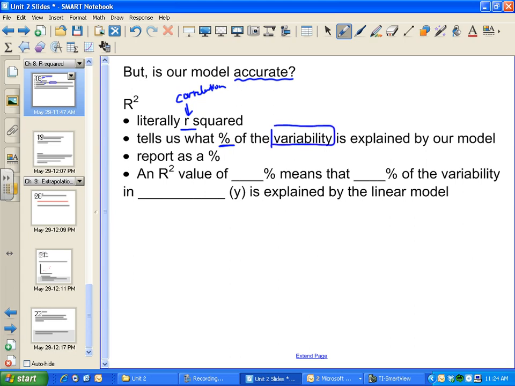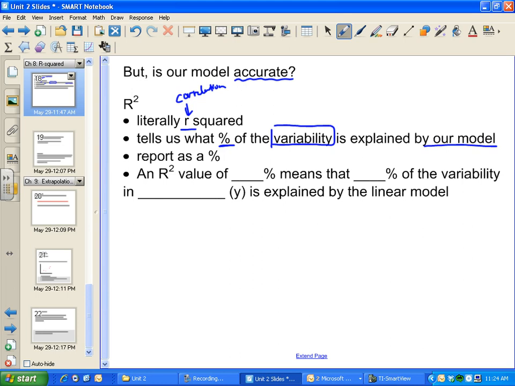There are differences, right? That's what makes our world interesting. The Monopoly properties cost different amounts of money. So what I want to know is what percent of that difference in cost can be explained by our model, by the relationship with the number of spaces from Go.